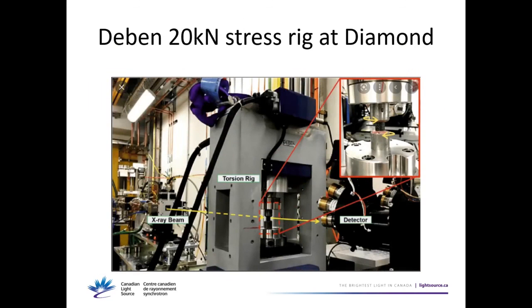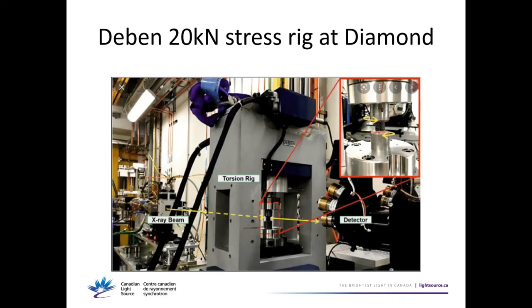Here's another tensile rig. This time, this is a 20 kilonewton stress rig from Deben at the Diamond Synchrotron. And yep, this one is in the beam, it's shared between beamlines I12 and I13. And here at the CLS, we have had some in-situ tensile experiments.